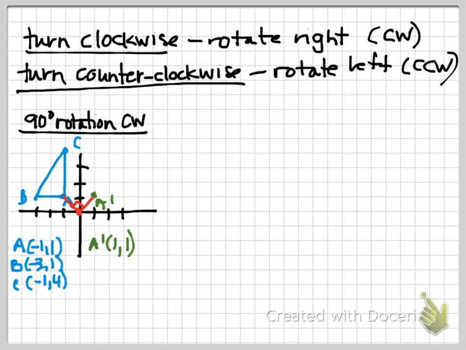Because that whole shape is turning, just like you're turning a spigot. So we are, 1, 2, 3. Here's our C prime, so I'm going to put him here. And C prime is located at 4, 1. And then B is 2 above the A. So there's your B prime. And B prime is located at 1, 3.